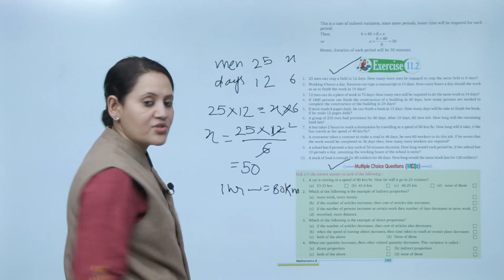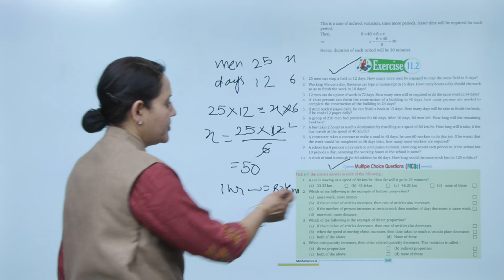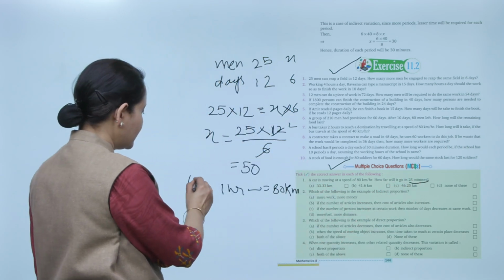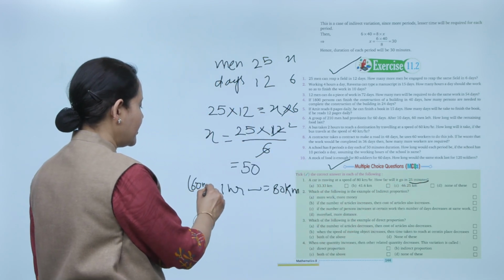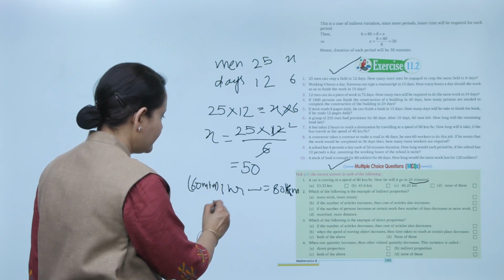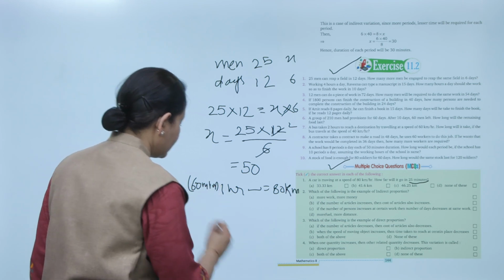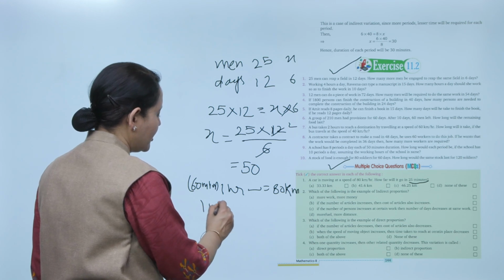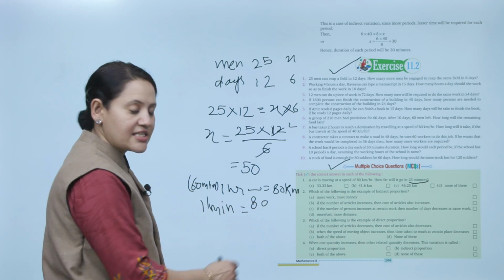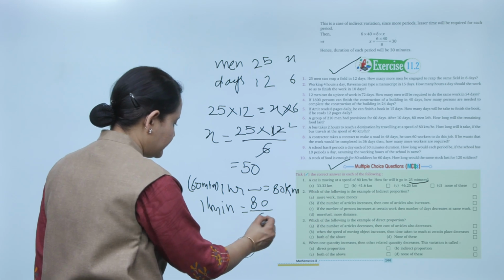So 1 hour equals to 60 minutes, because we have to find in 25 minutes, that means 60 minutes में it will go 80 km. So in 1 minute it will cover 80 upon 60 km distance.